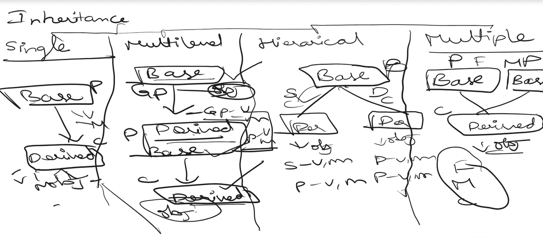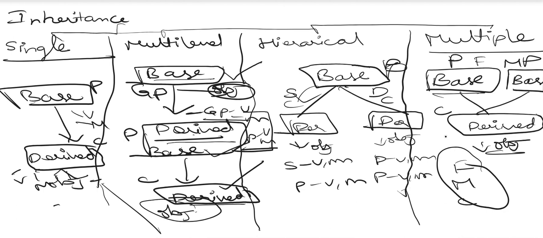If we create an object for the father, we can only access the father's; for the mother, only the mother's, not the child's. So this is inheritance.